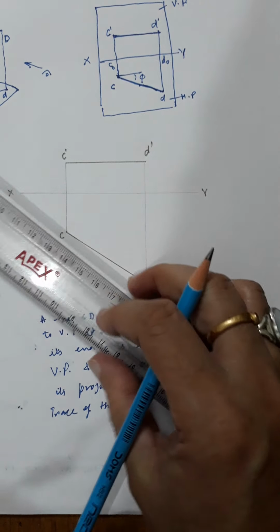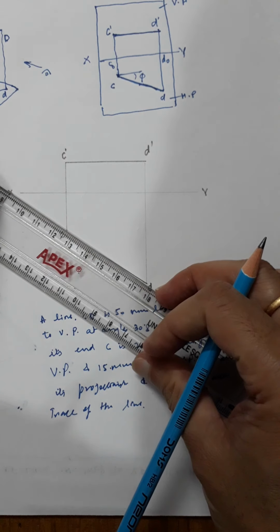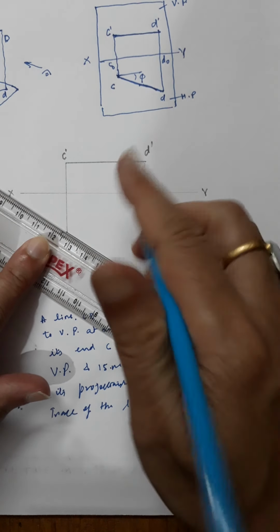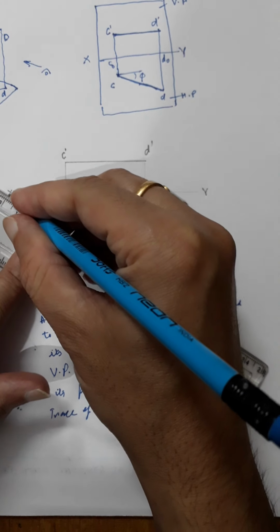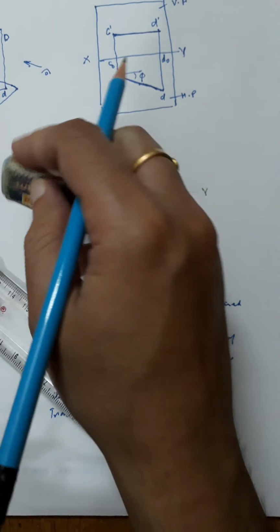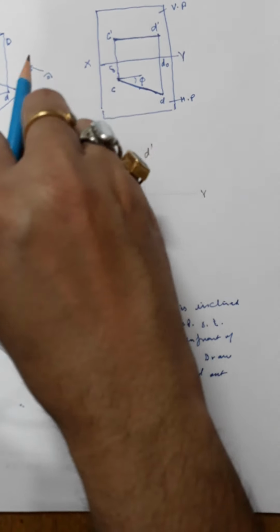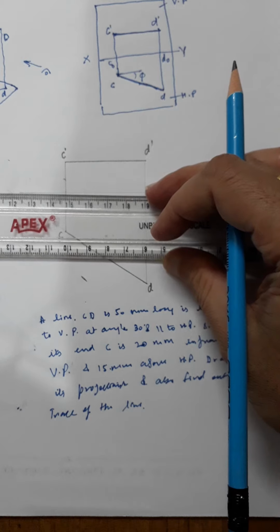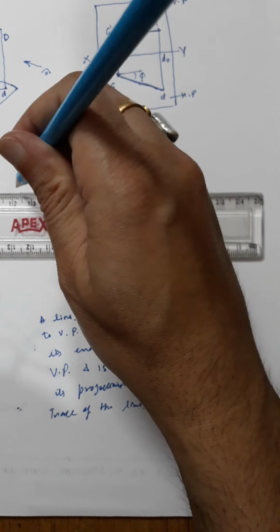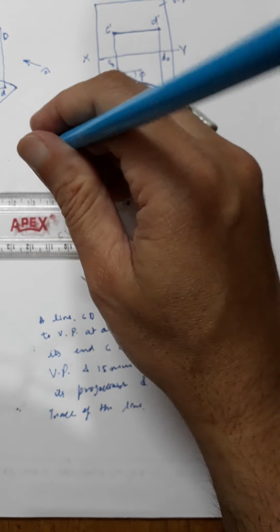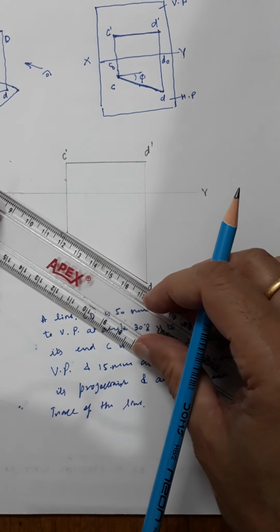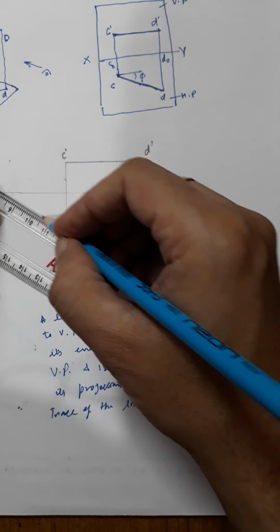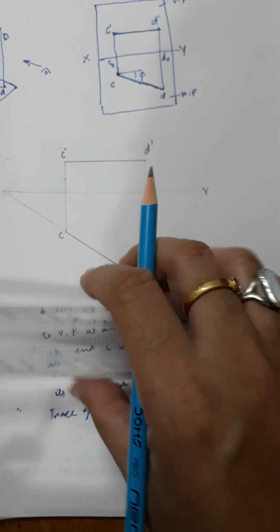Now the trace. You have to extend the top view wherever it meets XY, so I have to increase this XY line.